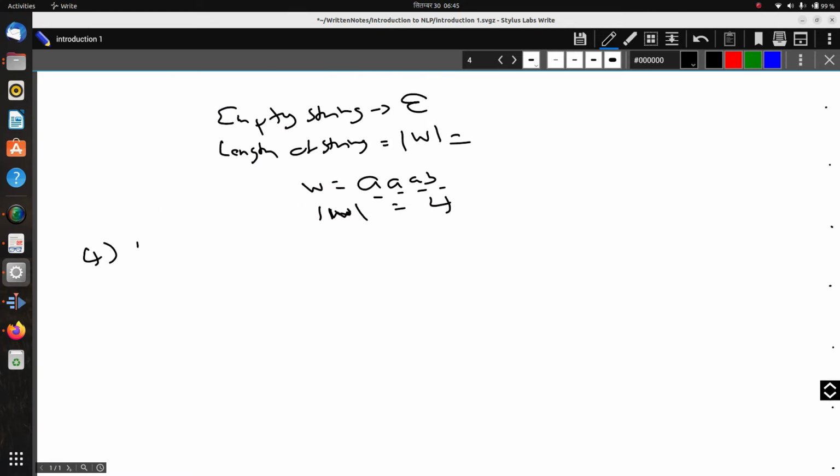Another concept I'd like to talk about is language. Language is a collection of appropriate strings. A language which is formed over a set of alphabets can be finite or infinite.